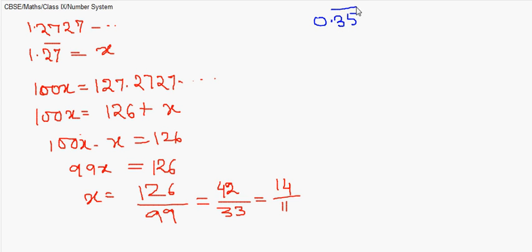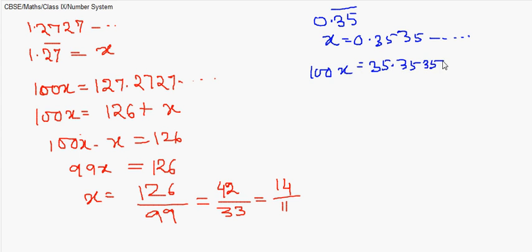Again the two digits are getting repeated here. I will assume x to be 0.353535 and so on. Because two digits are getting repeated, I multiply both the sides by 100, so 100x becomes 35.3535.